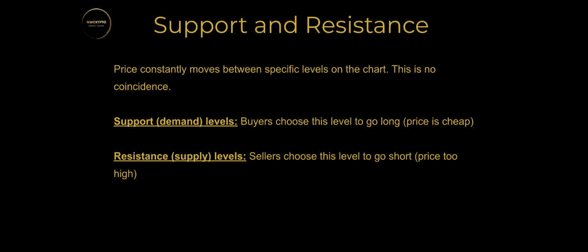If, on the other hand, price reaches a very high level and many people think, wow, this is too expensive, or I already have so many profits waiting to be realized, then they will sell. So these levels act as resistance levels. And I will go to the charts and show you a couple of examples of how to identify these support and resistance levels.